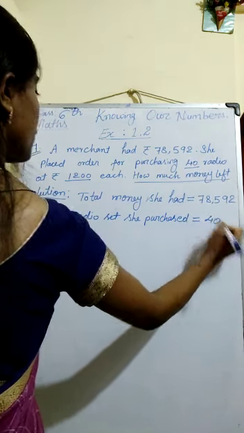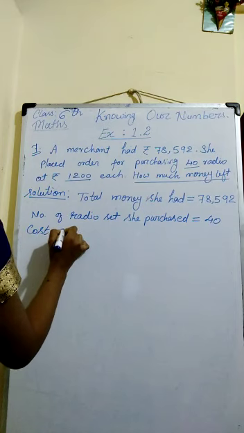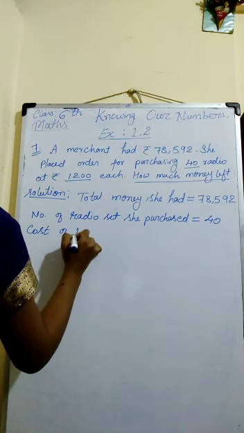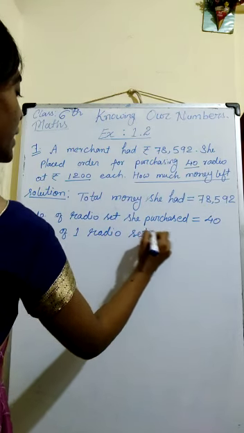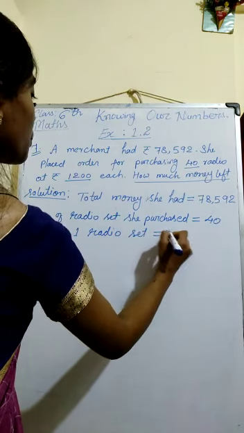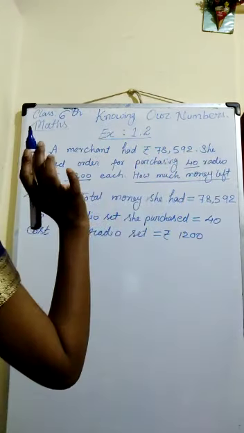She purchased 40 radio sets, and the cost of one radio set is rupees 1,200. Everything is given in this question.